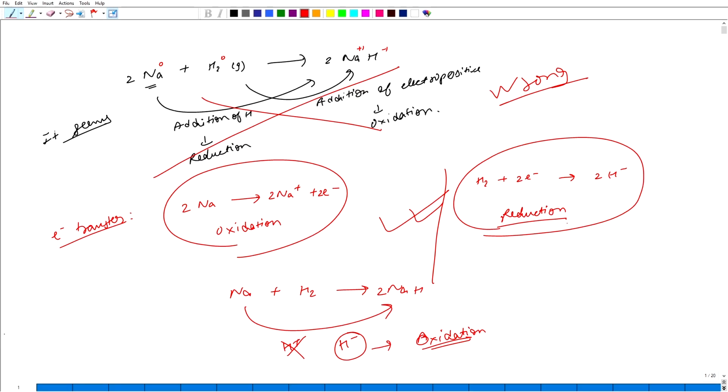I have already discussed this briefly in the previous class: see whether it is an oxidation reaction or a reducing species in terms of electron transfer. So, this is the oxidation half cell and this is the reduction half cell, and this complete reaction is a redox reaction.